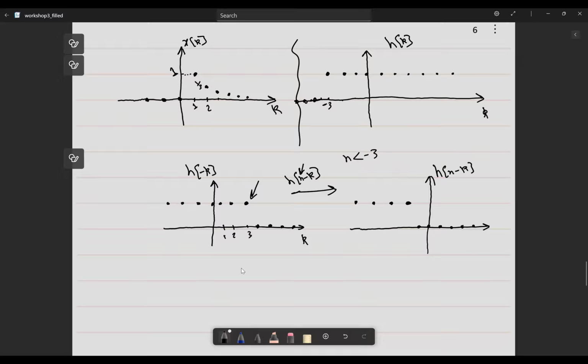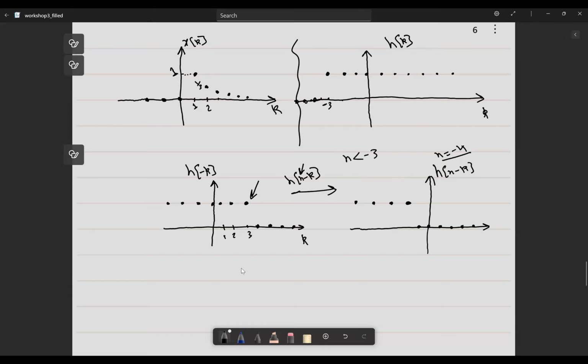In this specific case, n is -4, or it's -5.